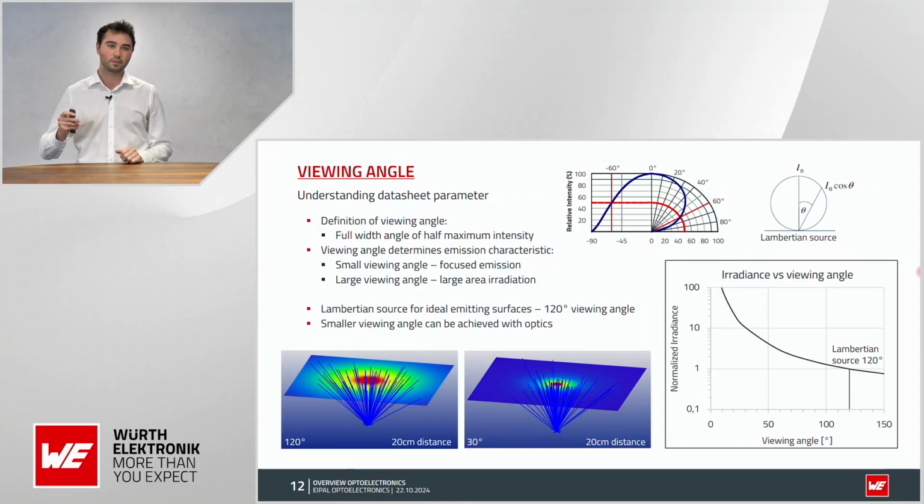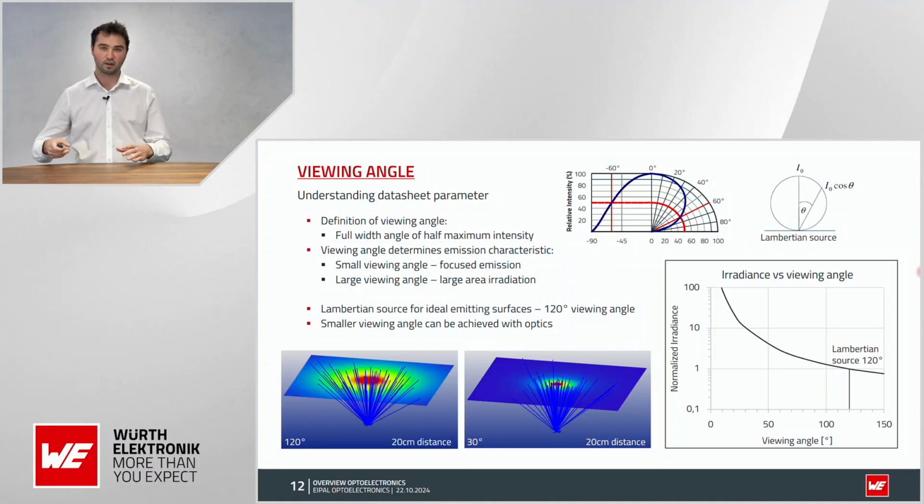So maybe you've noticed, but most of the LEDs that exist have a viewing angle somewhere around 120 degrees. And there's a simple reason for this. Imagine the chip. We have some chip, this is some area. It emits light in any direction without any preference.